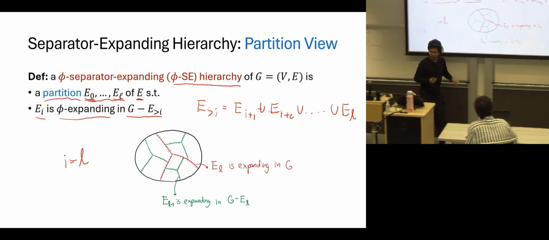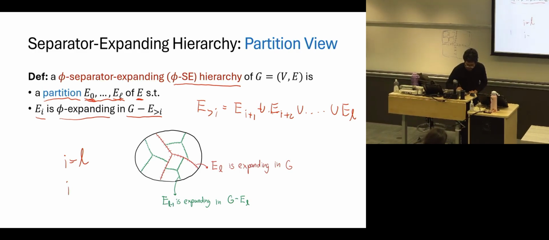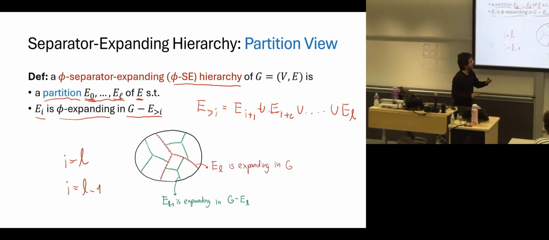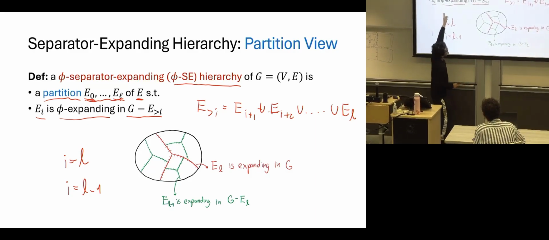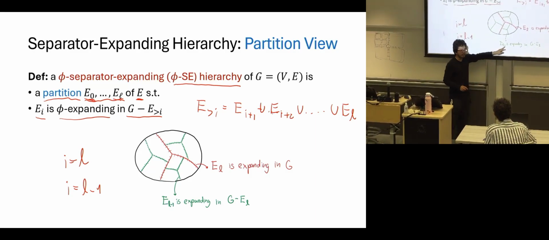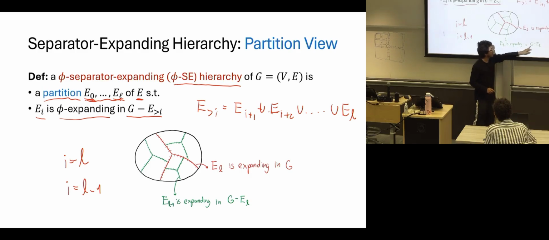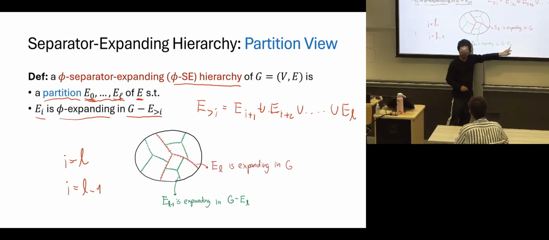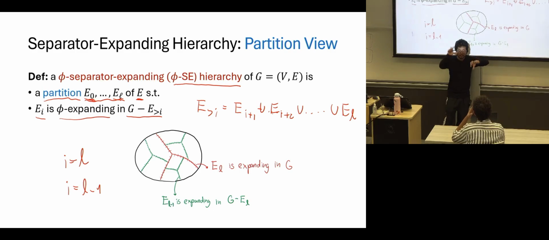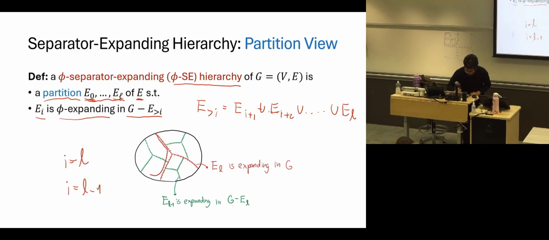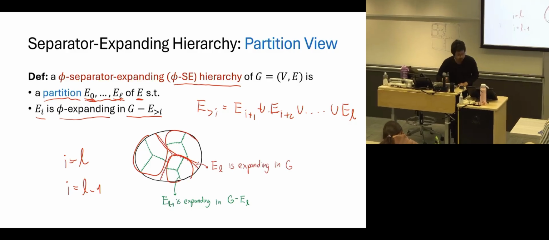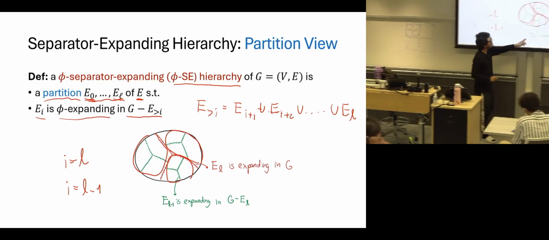Now let's look at I equals L minus 1. This reads as EL minus 1 is expanding in G minus EL. But G minus EL has many components, right? It has this component, and this component. What does it mean here?